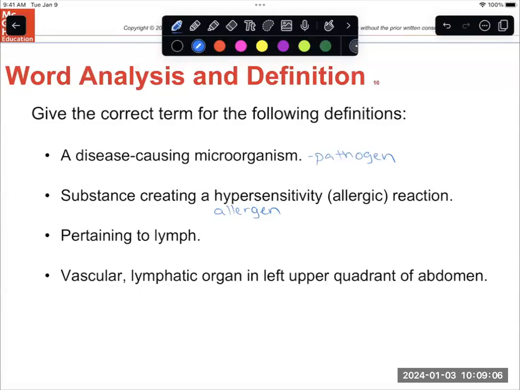Pertaining to lymph. It would help if I spelled it right. Lymphatic. And then the vascular lymphatic organ in the upper left quadrant of the abdomen. Spleen.